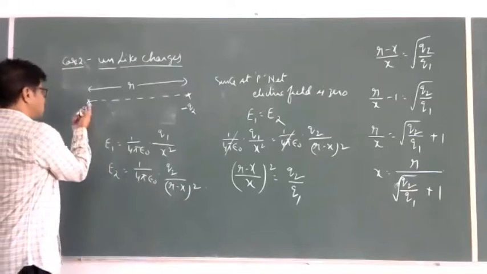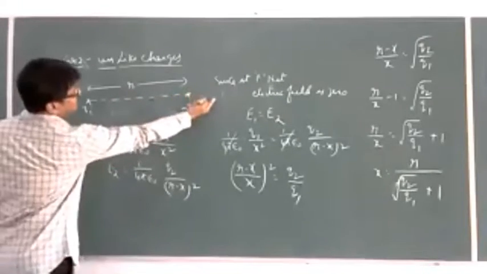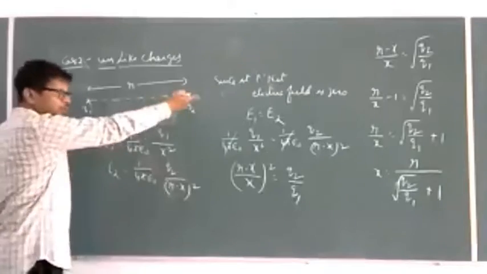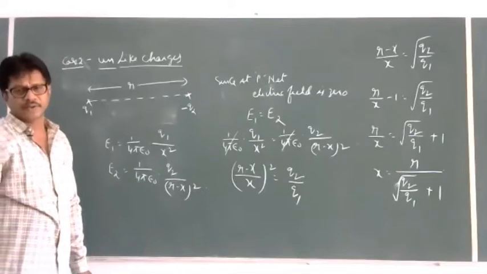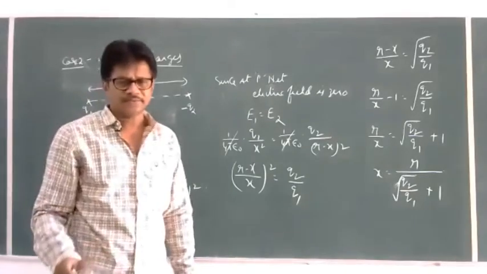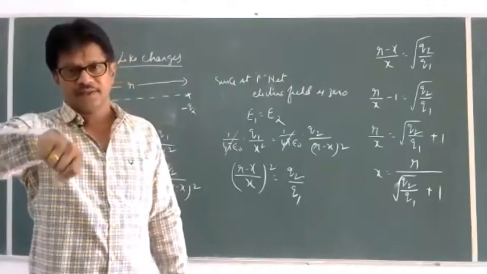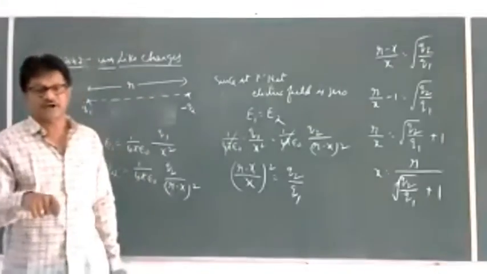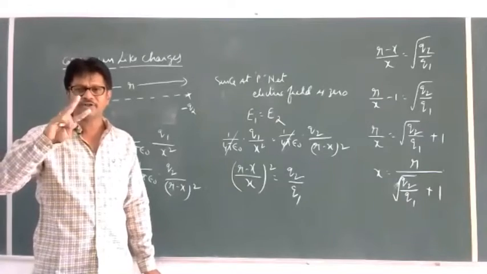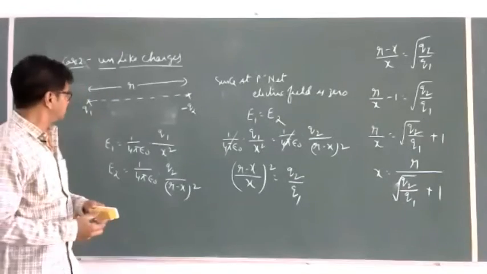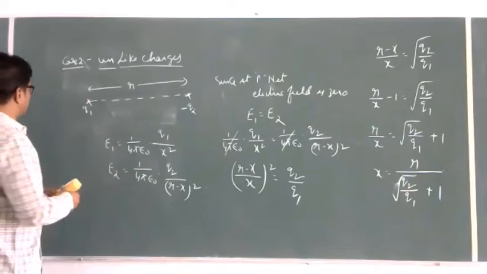Outside means either this side or that side. That question arises: is it nearer to Q1 or nearer to Q2? Preferably you take the point nearer to the smaller charge, irrespective of its nature.